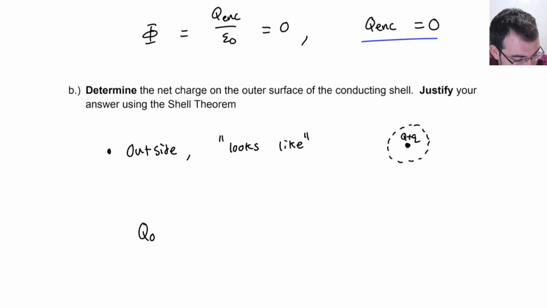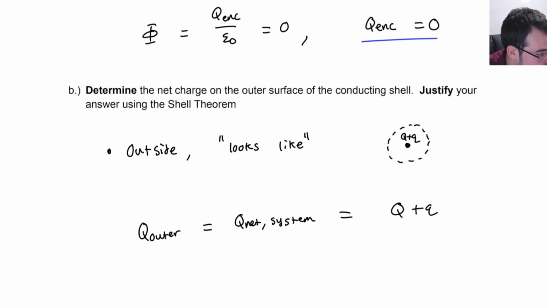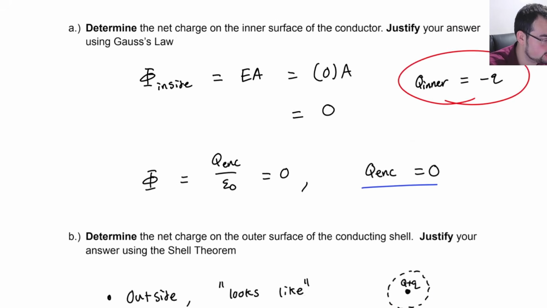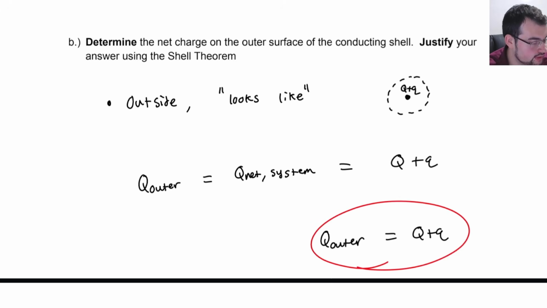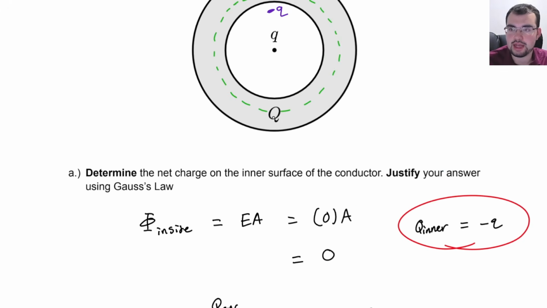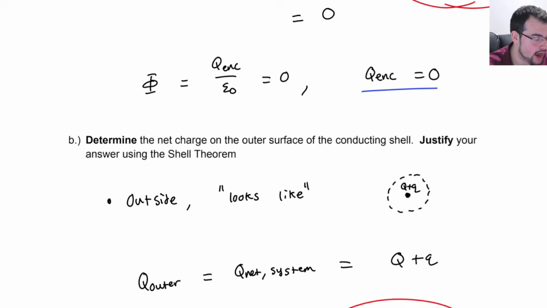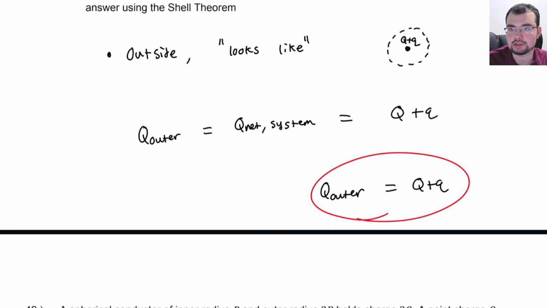So this means Q outer is the net charge of the system, which is just denoted as this. So those are the two parts of the surface charge theorem. The inner surface always cancels what it's staring at, and the outer surface just holds the net charge of the system.